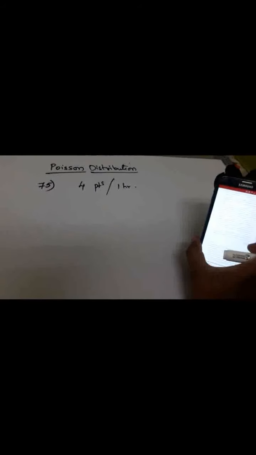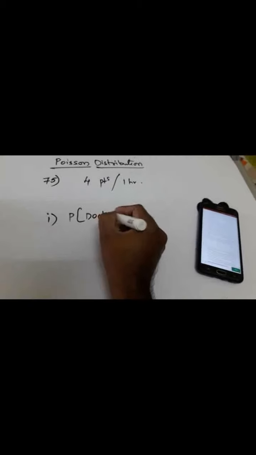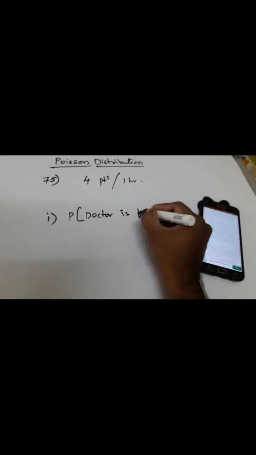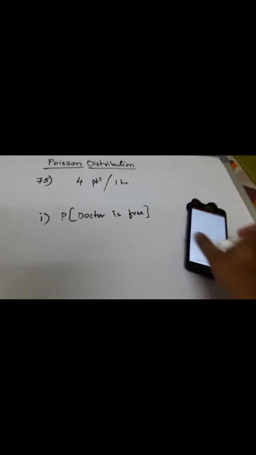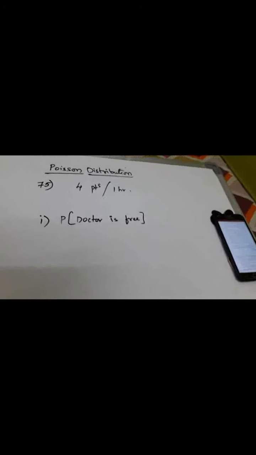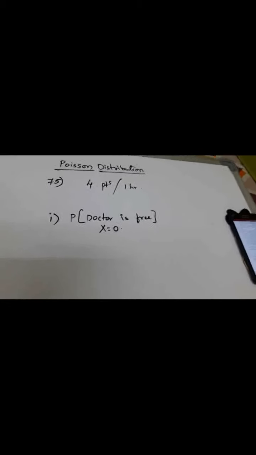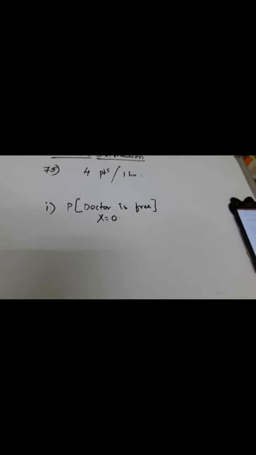What is the probability that during a particular hour, question number 1, the doctor is free? What are they saying? Doctor is free. What does it mean, guys? Doctor is free in the sense there are no patients. So this can be taken as P of x equals 0.